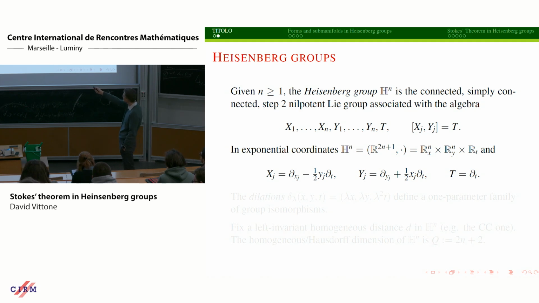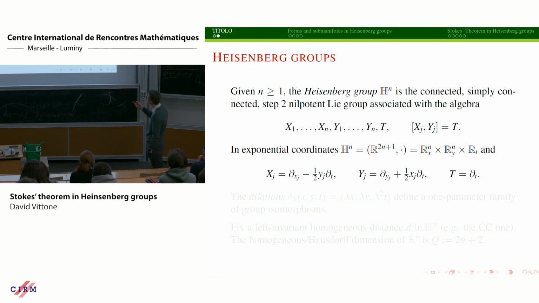The Lie algebra is generated by 2n vectors, X1, ..., Xn, Y1, ..., Yn, which are the horizontal vectors, and a further vector T. As you know, the bracket between Xj and the corresponding Yj, with the same j, is T. All the other commutators are 0.